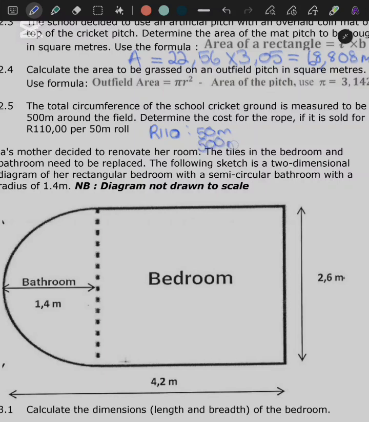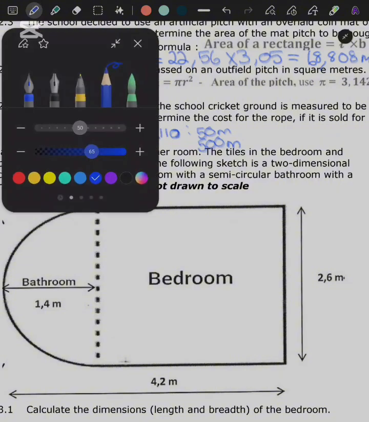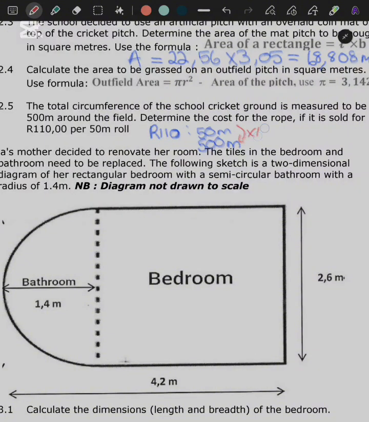Now, some people like to say, okay, listen, I can already see that this is just multiplying by 10. Ten times as much, I can multiply by 10. That works perfectly well if that is the way you think about it. I know I teach my students we're going to divide up, multiply across. So I go 500 divided by 50 and then multiply by 110.